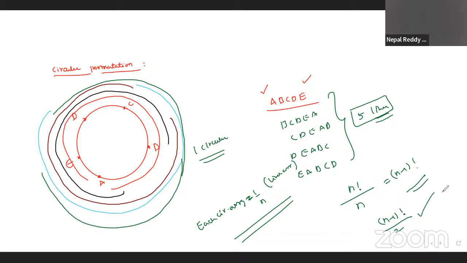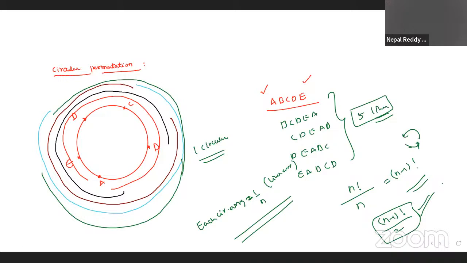Whenever clockwise and anti-clockwise senses are not distinguishable, the number of circular arrangements must be n minus 1 factorial divided by 2. Here, n minus 1 factorial counts both directions, but for garlands, flowers, necklaces, or circular wire problems there are no two directions, so n minus 1 factorial divided by 2 is the formula.